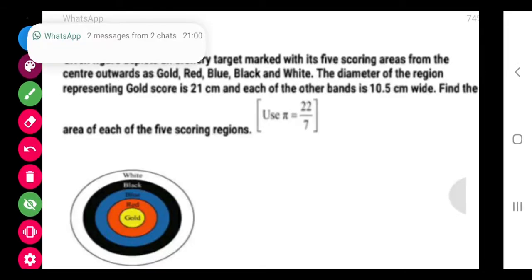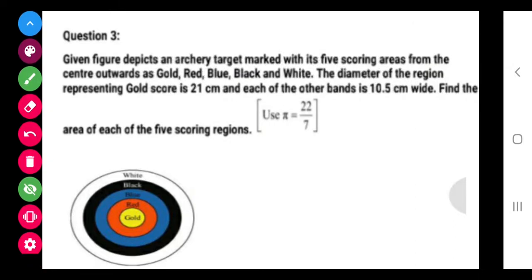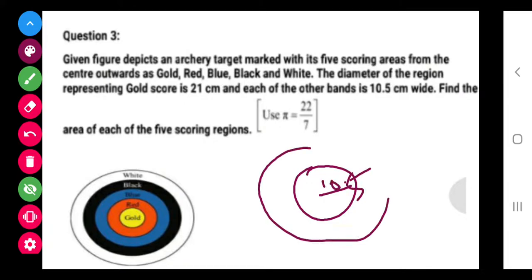Next is a very interesting question. So class, in this there are different circles, different rings given. First is the gold, whose diameter is given as 21, so radius will be 10.5. After that, another circle is given whose width is 10.5.